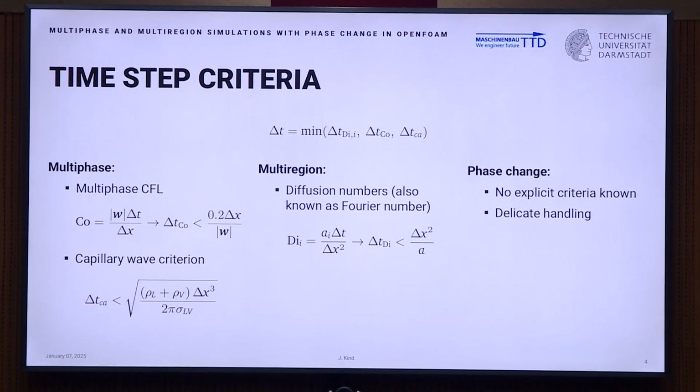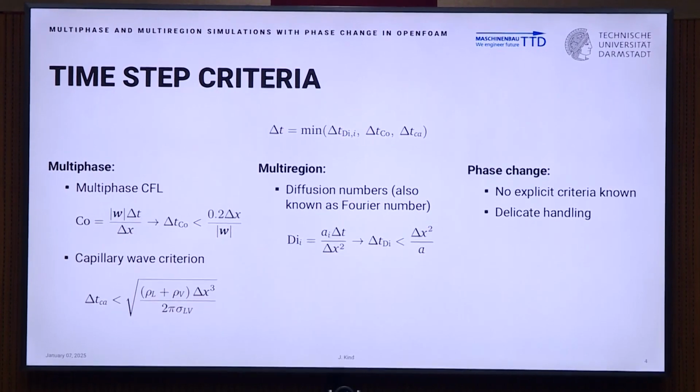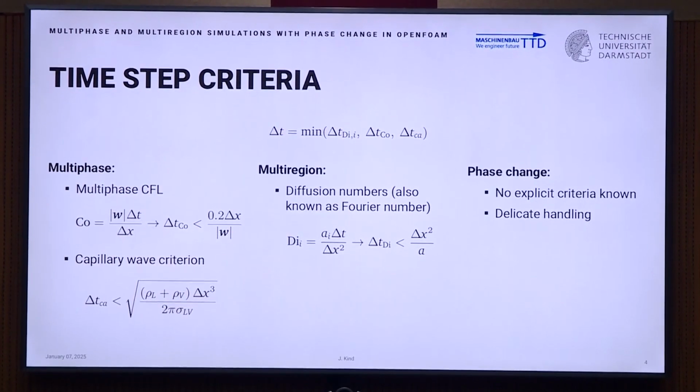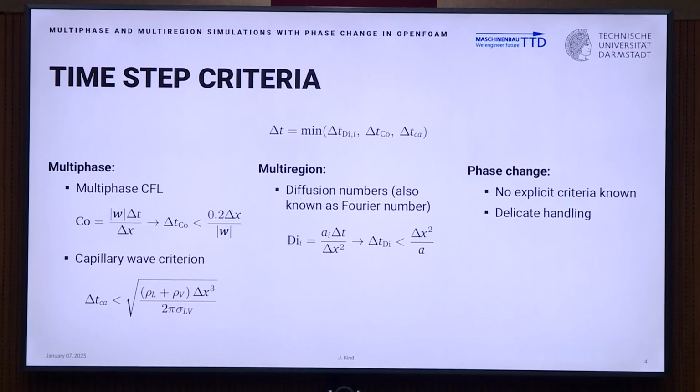Then there is a criterion which is based on the resolution of capillary waves along the interface. And for multi-region, we actually also have single region cases. We have to keep track of diffusion processes, and especially in the solid.